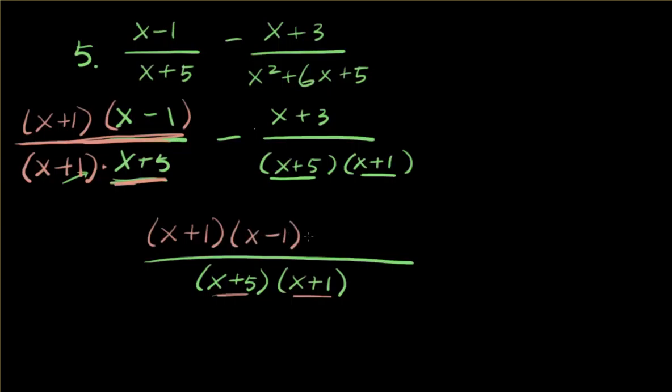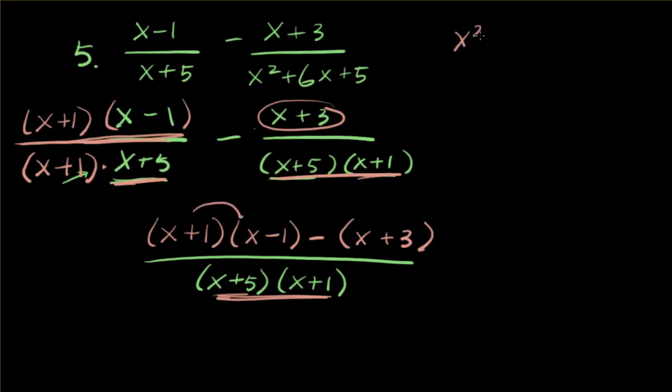put it over the numerator, and then over here this whole entire thing is with the same denominator that the least common denominator is, and so I can just put a minus here, x plus 3. Okay, now what do I do? I'm going to go ahead and FOIL these two, so I get x squared.